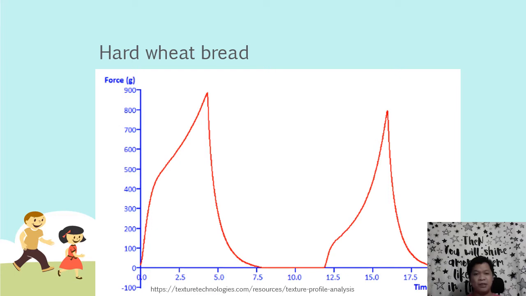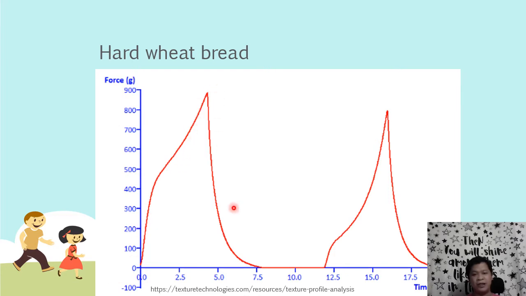So ang sample dito ay 2 slices of very firm wheat bread with a significant yield point because the cells are initially compressed. But please take note that the second stroke has a substantially lower yield point and the second area much less than the first compression, indicating moderate cohesiveness.